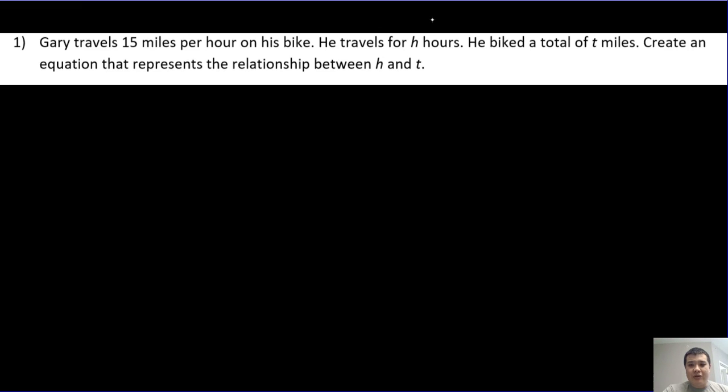Remember that time is always going to be our independent variable. So this is always going to be our x, and this is always going to be our y, and we always have it in the form of y equals kx. But here we don't use x. We're going to replace x with hours because that is the variable used inside the question. And then the total miles depends on the hours, so therefore we are going to have t as our y.